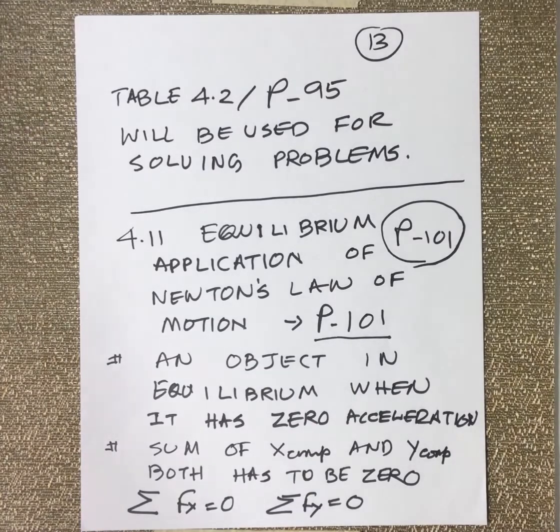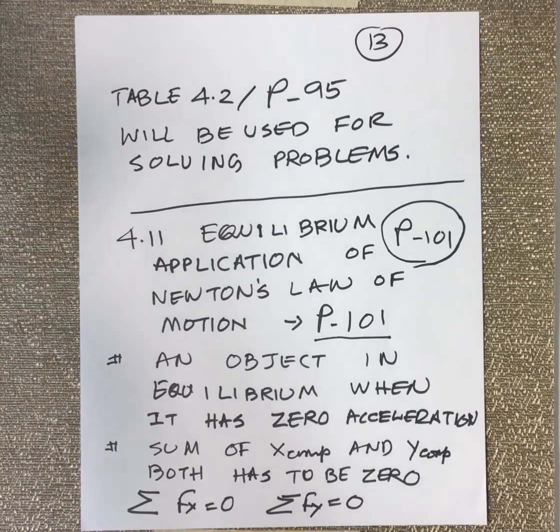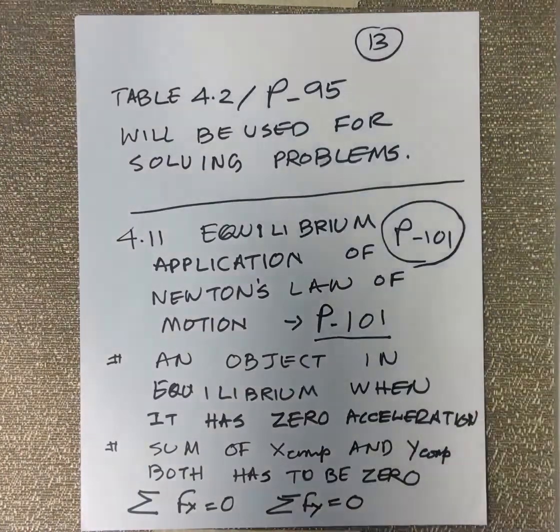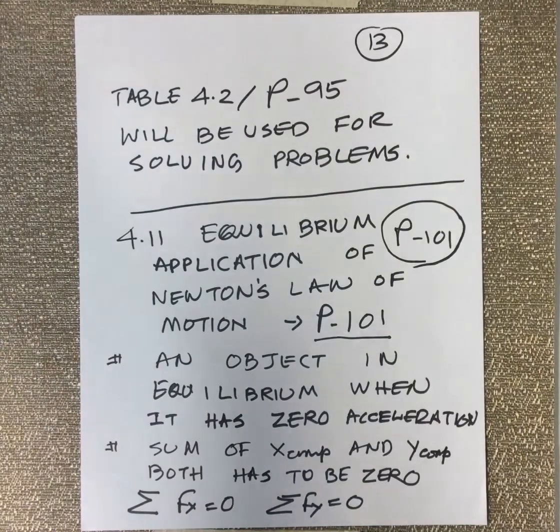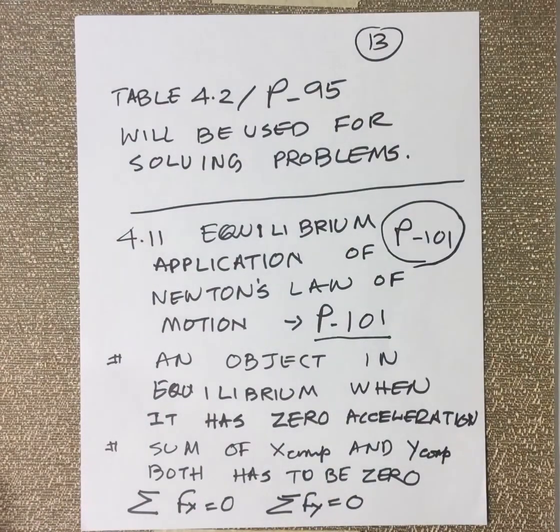The same thing happens if the sum of all the y components is not zero, then it will go up or down. So the condition for equilibrium is that both the sum of all the x components, Fx, and the sum of all the y components, Fy, have to be zero.